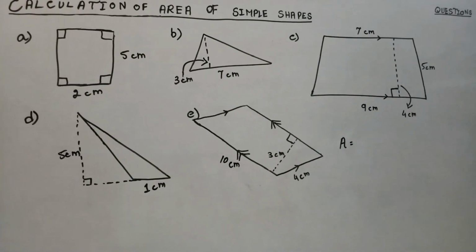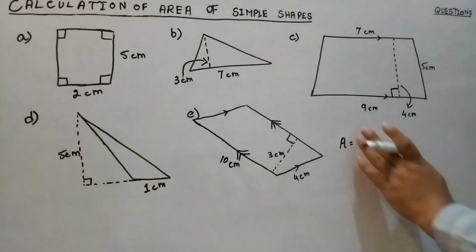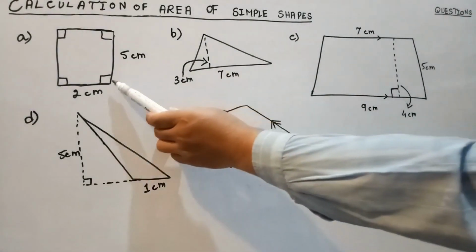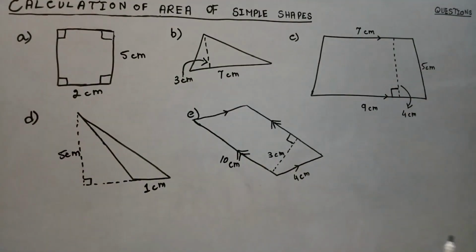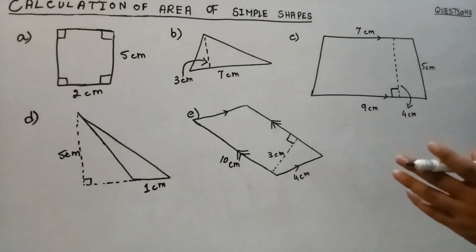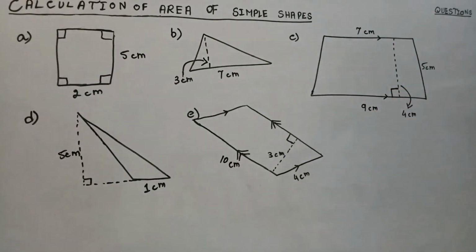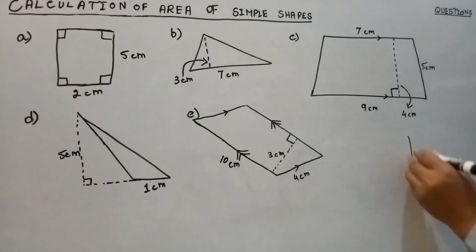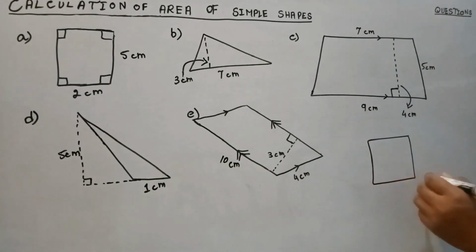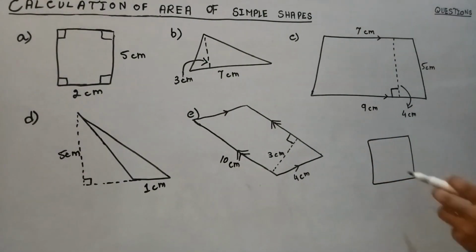So let's start. Here you can see we have this rectangle. How? Because we have 90 degrees at each corner of this rectangle, so this is a rectangle. And what's the area? Okay, let me draw it again. Here we have a rectangle.